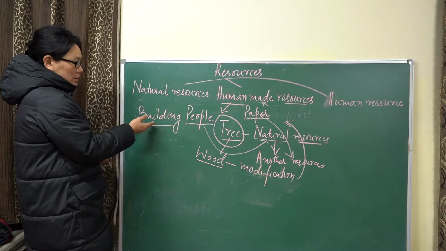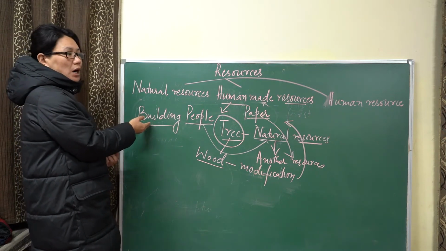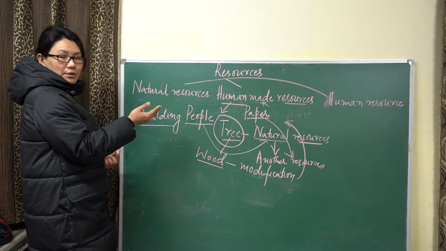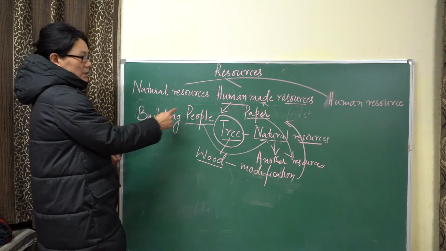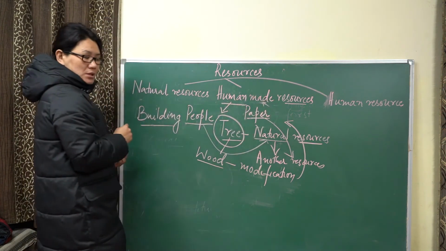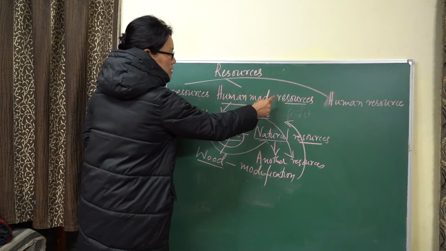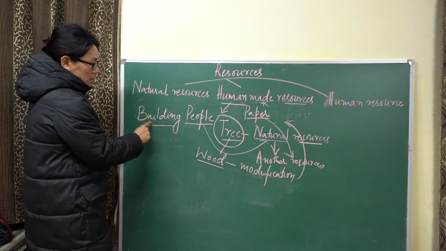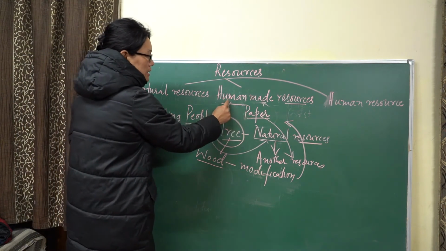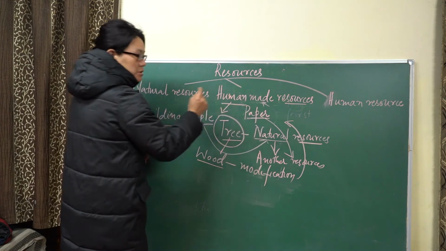Right? So, this one is also a resource here. Now, this one, it is human-made resources, and also paper is a human-made resources. So these two are the examples of human-made resources here.